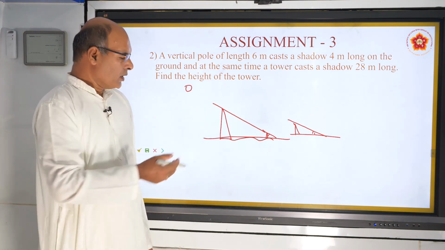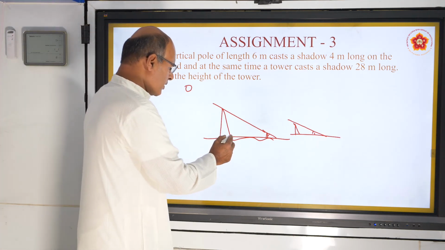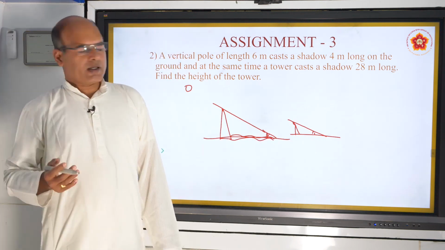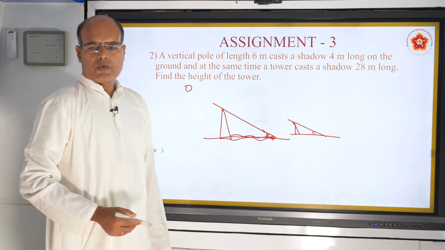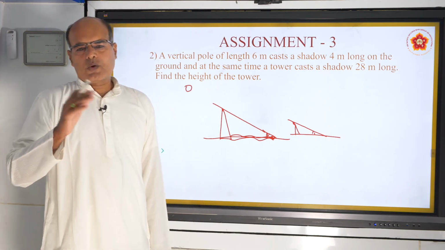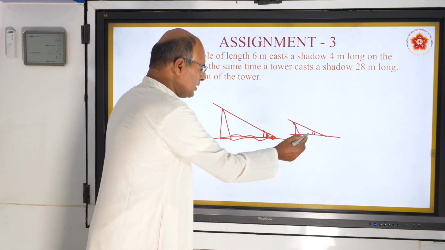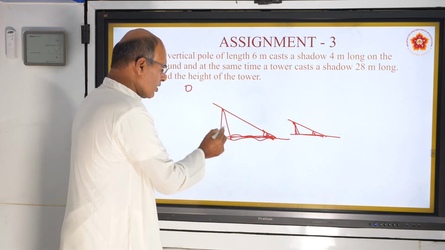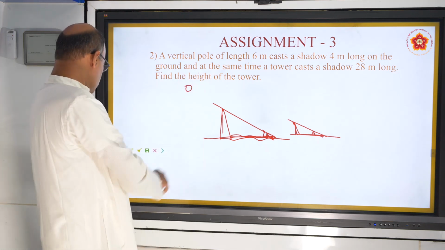They form the same angles. So in other words, if you look at the tip of the objects at any particular time of a day, from the end of the shadow, we can notice that all the objects are equally elevated. So that means this angle will be the same as this angle if this is the shadow of this object and this is the shadow of this object. So using that we can solve this problem.